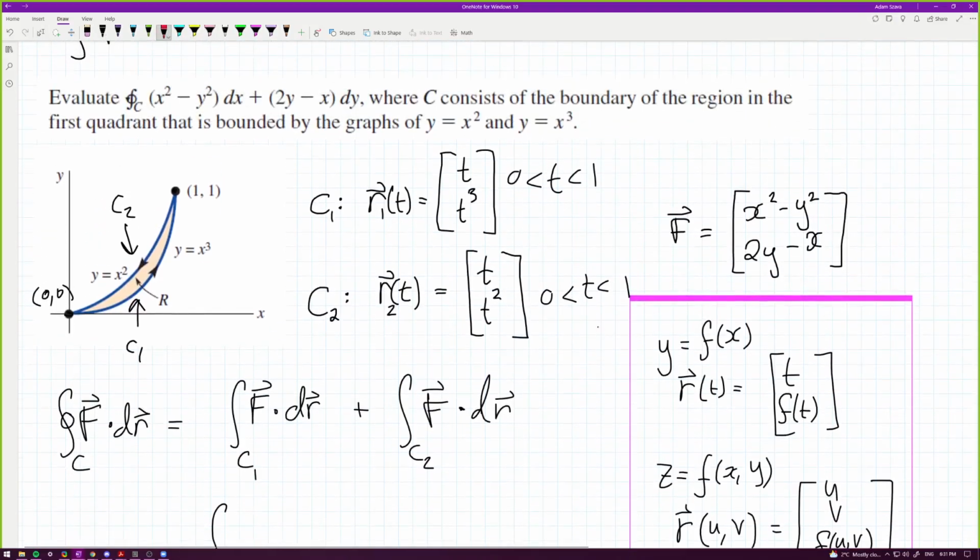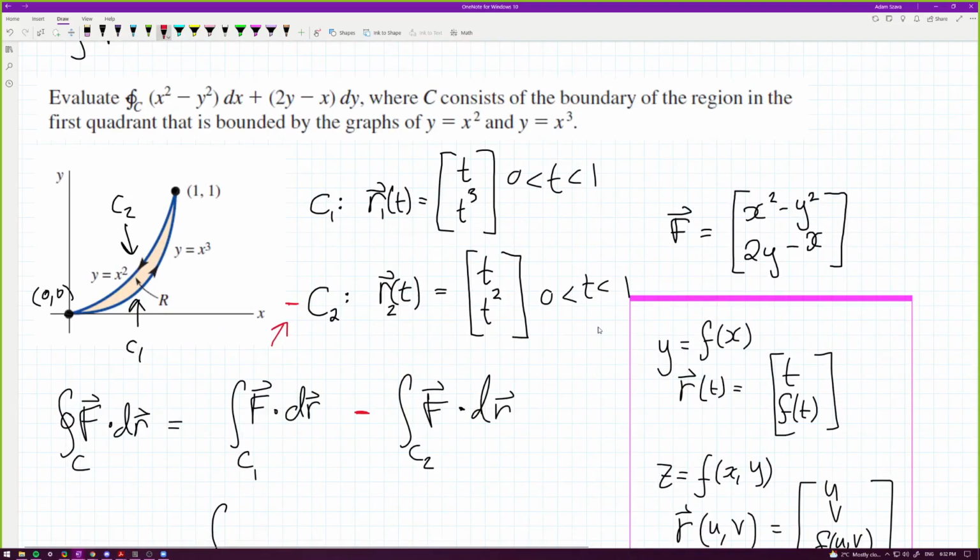The complication is that this other parameterization is going this way, in order of t. So t starts at 0 and goes up to 1, and that's not how we want it. We want it to be oriented that way. So we're essentially going to take the negative of this. Really it's going to be minus this integral. In fact, I'll put it in there now.